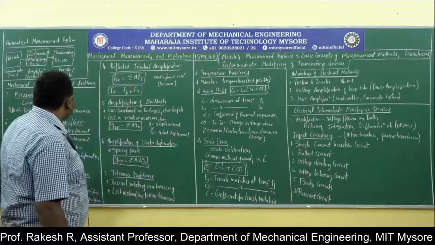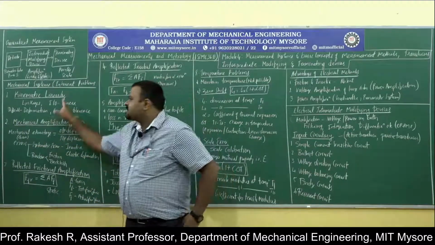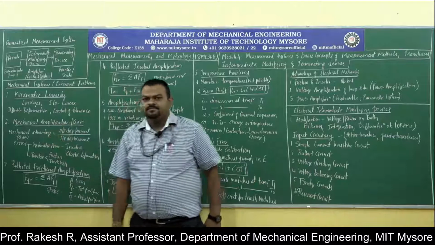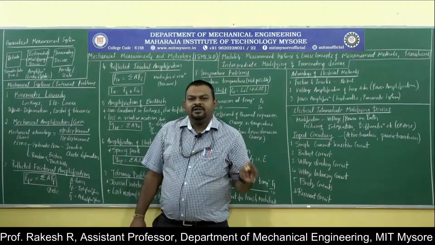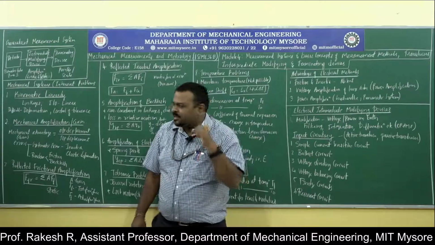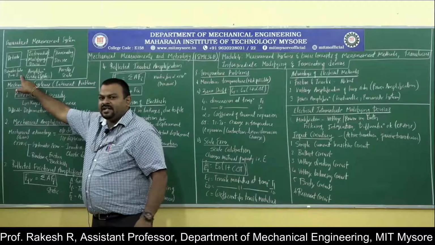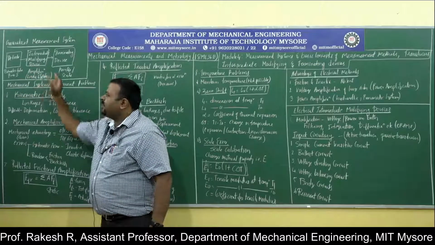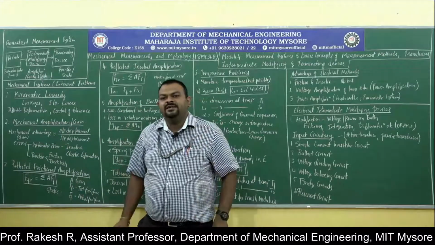Let us see the first inherent problem in the mechanical system, kinematic linearity. What is linearity? The output and input relationship must be linear. Why is it linear? As I already told, the displacement which is sensed in the primary stage is to be amplified. How is it to be amplified? The scale must be amplified.